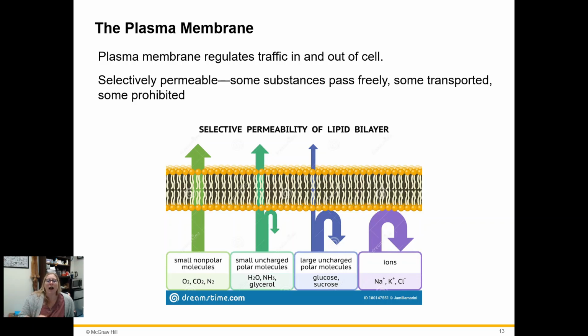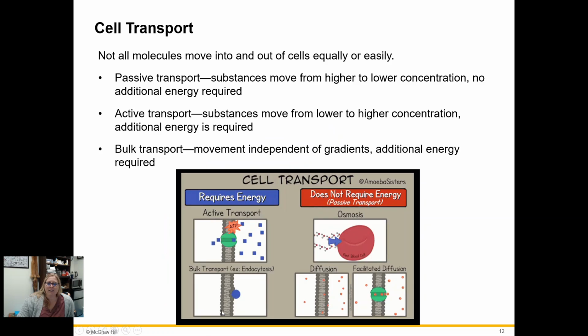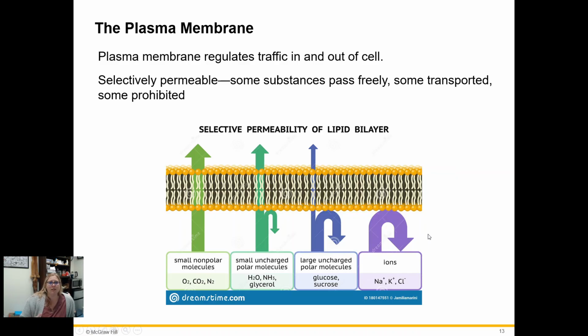That's cool. I'm going to have a gate that I can open that is going to act like our active transport, or even our facilitated diffusion, where I have a molecule, in this case a protein, that is letting them move across that membrane.